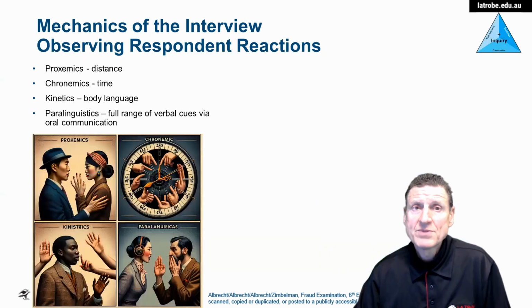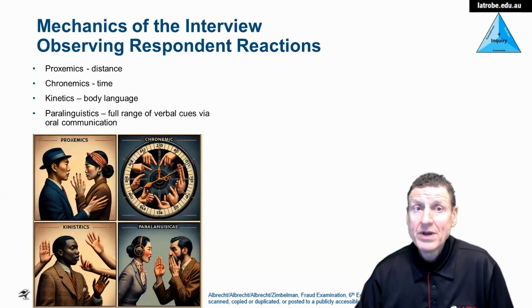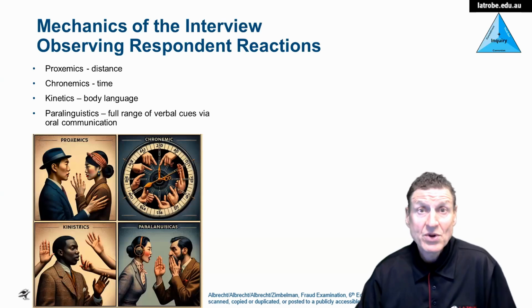Finally, when we are observing respondent reactions, we just need to be aware of proxemics, and that is the distance between you and the interviewee. We need to be aware of chronomics, and that is the time sense that your interviewee has. Is the interviewee on time? Is the interviewee, based on observations of their boss or colleagues, sensitive to being on time in the organization?